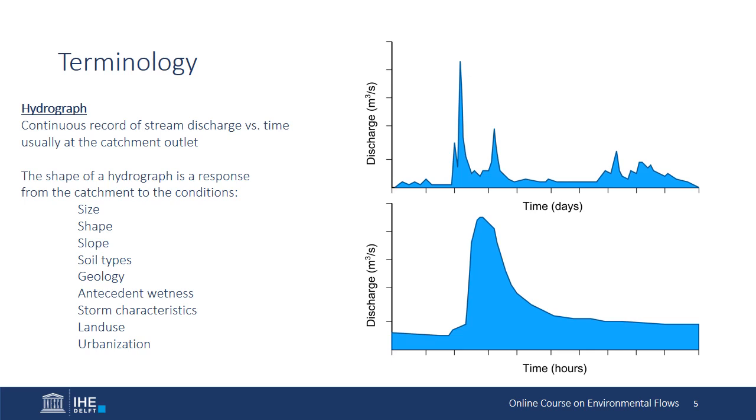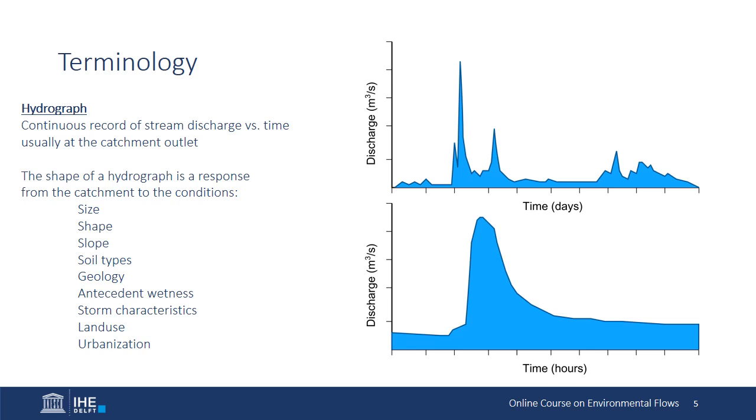The shape of that hydrograph is a response to catchment conditions. First of all, the topography, like size, shape, slope conditions, are defining the behavior of that hydrograph, but also soil types, the underlying geology, the antecedent wetness conditions, and the storm characteristics are important.